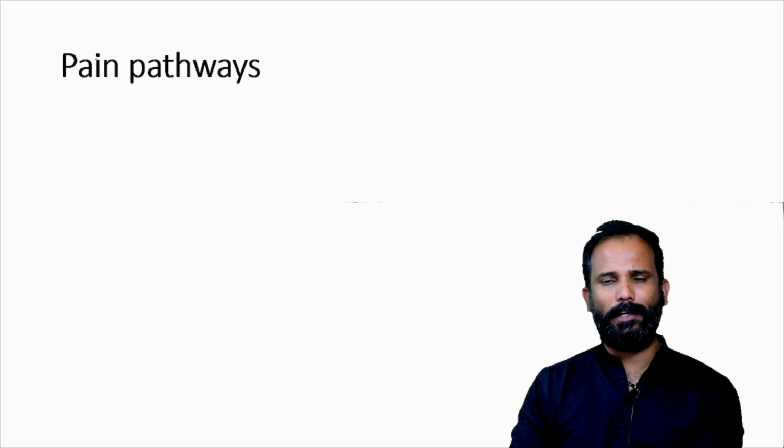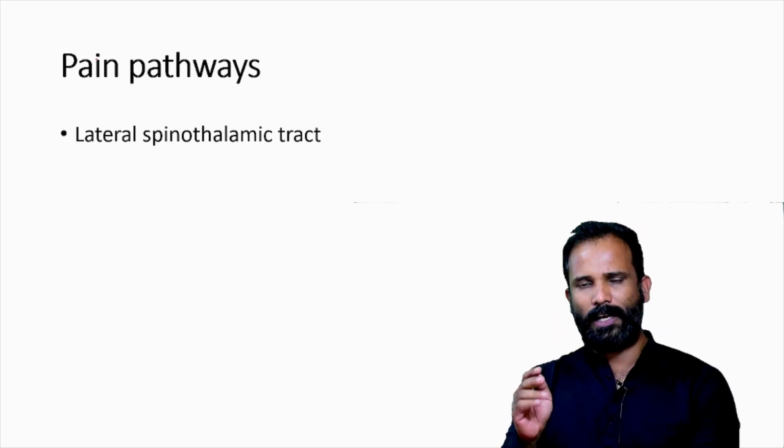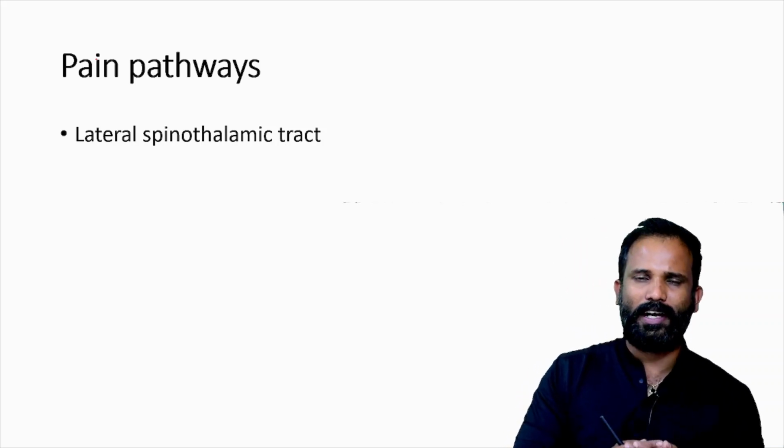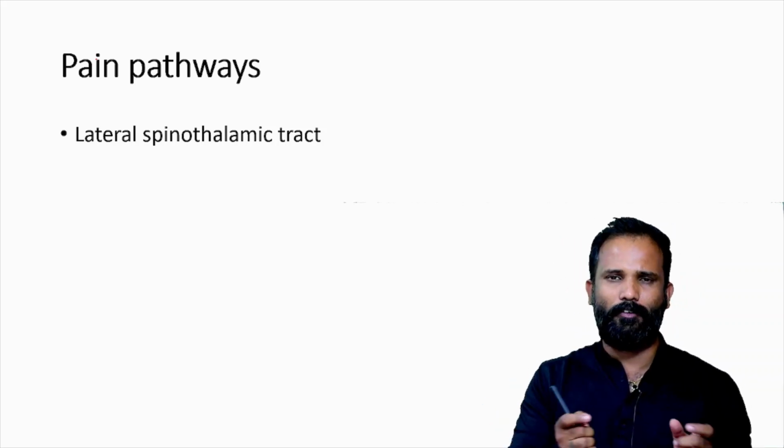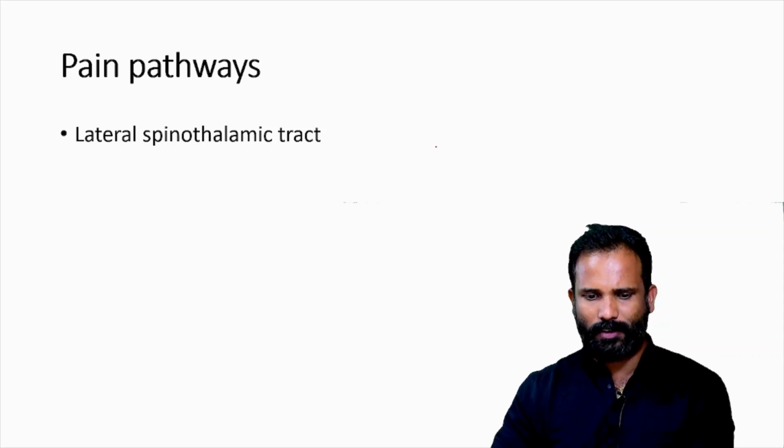And coming to the pain pathway. We have the pain pathway which is the lateral spinothalamic tract, carrying pain and temperature. Our concern is pain, so I will again brush up what the lateral spinothalamic pathway is.